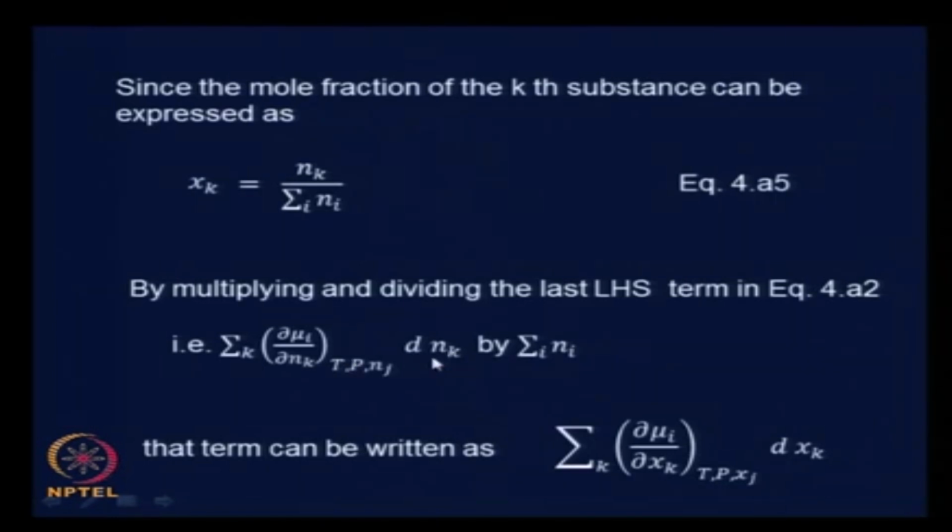We are going to multiply and divide this by sum over Ni. Therefore, this would become dnk over sum over Ni.